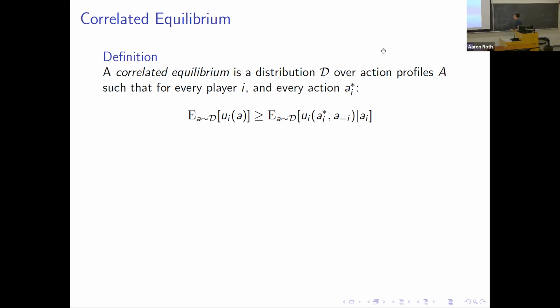And so more generally, given that I know this distribution over action profiles, when I hear whispered into my ear by the traffic light the action that I've been suggested to take, conditional on that being what was whispered into my ear, I know the distribution on actions that all of my opponents have been suggested to take.